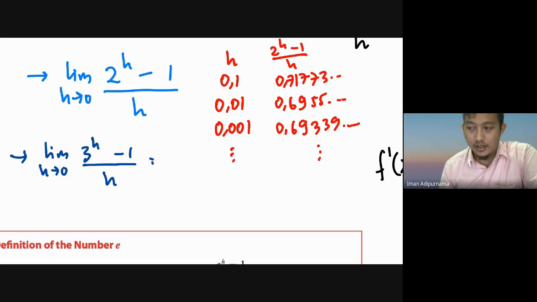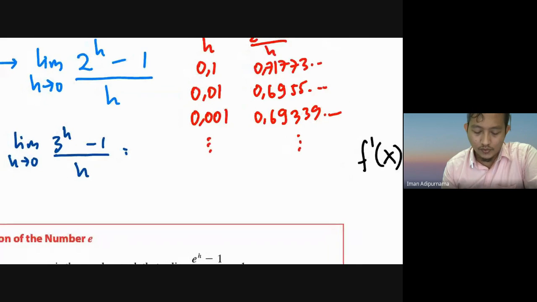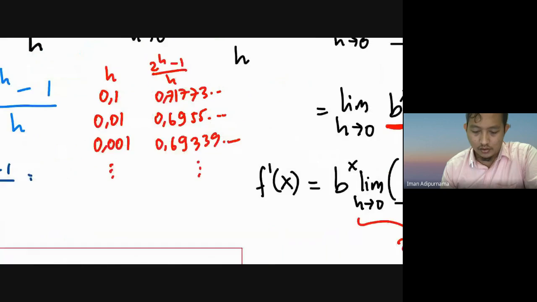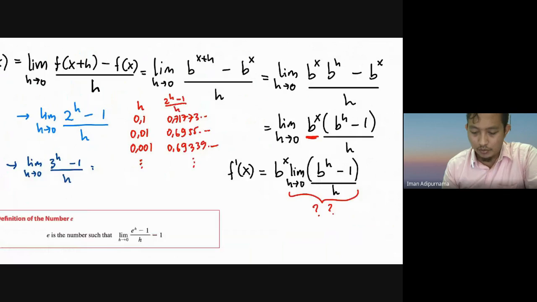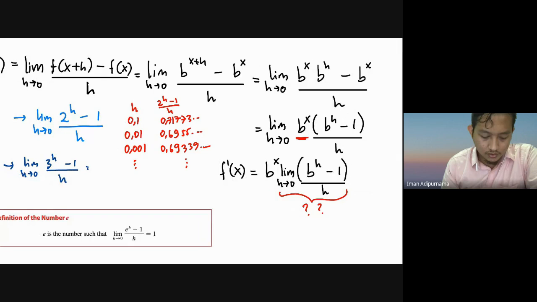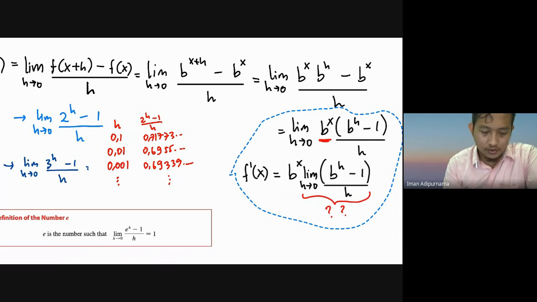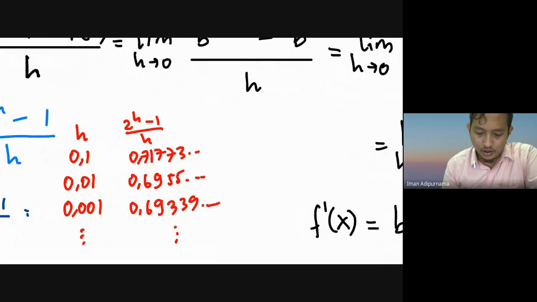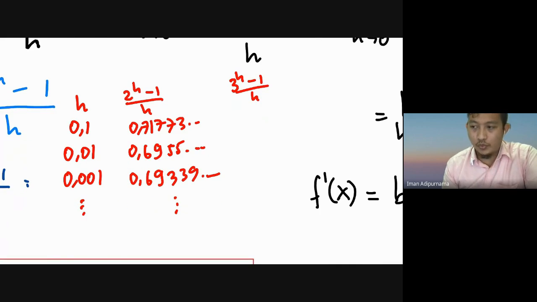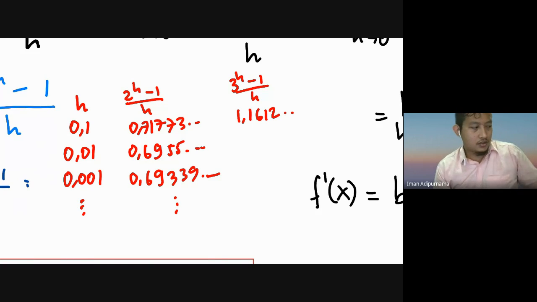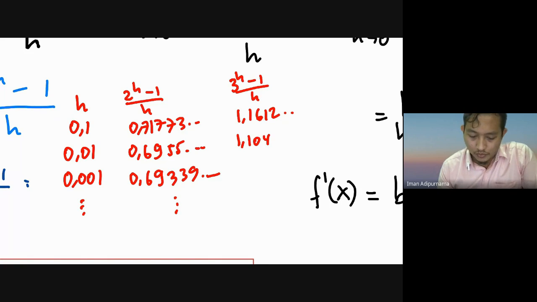Now I can fill this in with 3. If you have 0.1, you will get 1.1612 and so on. With 0.01, you get 1.1046 something.